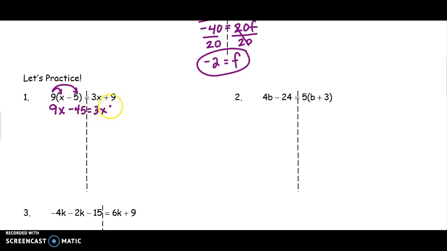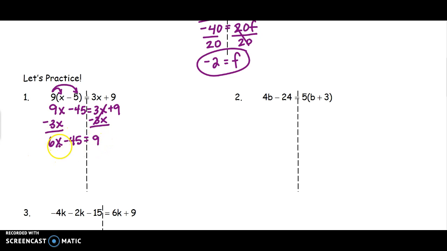Bring down the other side because there's no distributing. We need to get our variables together. You have 9x and you have 3x. The 3x is smaller and it's positive, so we would subtract 3x from both sides. 9x minus 3x is 6x minus 45 equals 9.